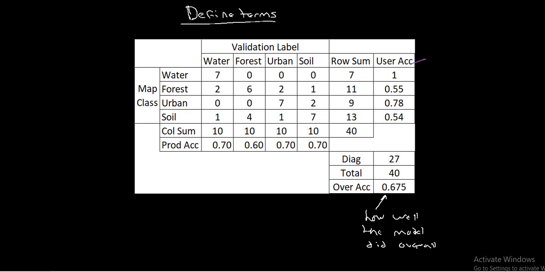The way that I always think of user's accuracy is that it's the proportion of correctly identified pixels relative to the total number of validation points in that class. This tells you how accurate your existing data is.